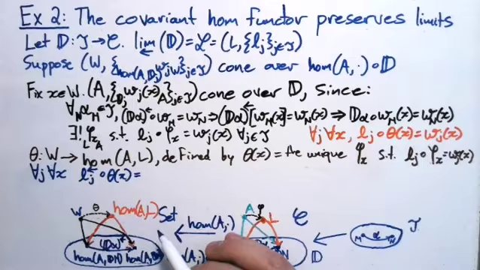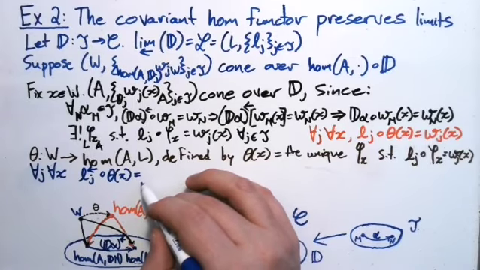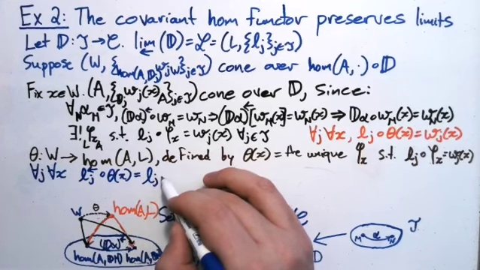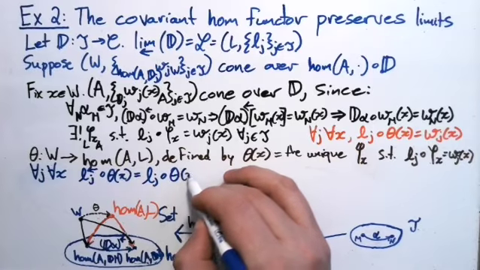Well, then we'll get that we have Lj after theta x, right?